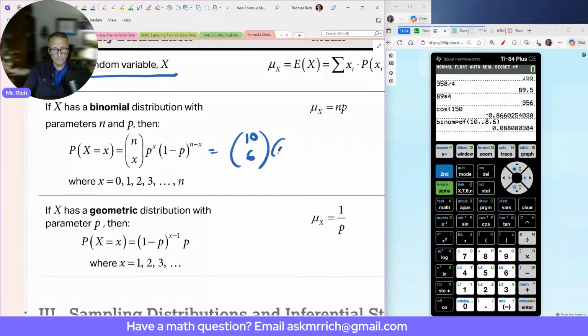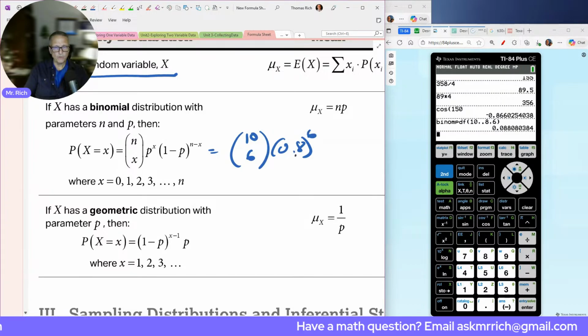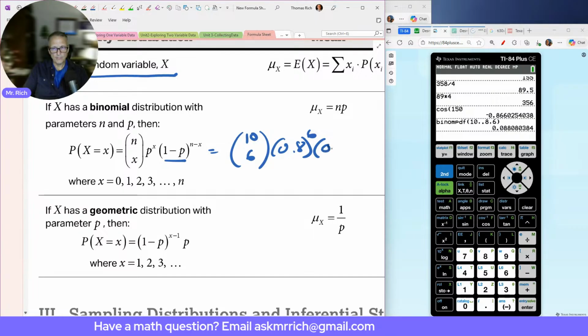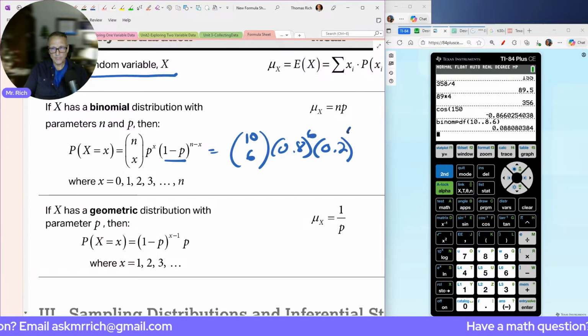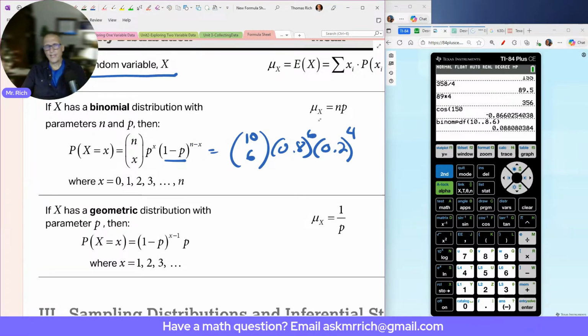That P was the 0.8, the probability that Slim hits a bullseye on any one of them. And that would be raised to the 6th power, because we're talking about there being 6 bullseyes. Now, his probability of failure is 1 minus P, or in this case, 0.2. And N minus X would mean he had 4 failures. That'd be 10 minus 6, or 4. And so that's the calculation.